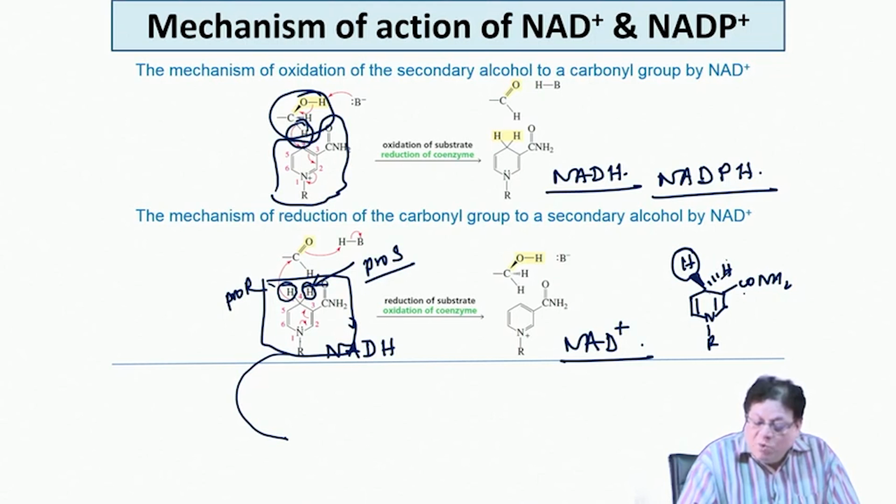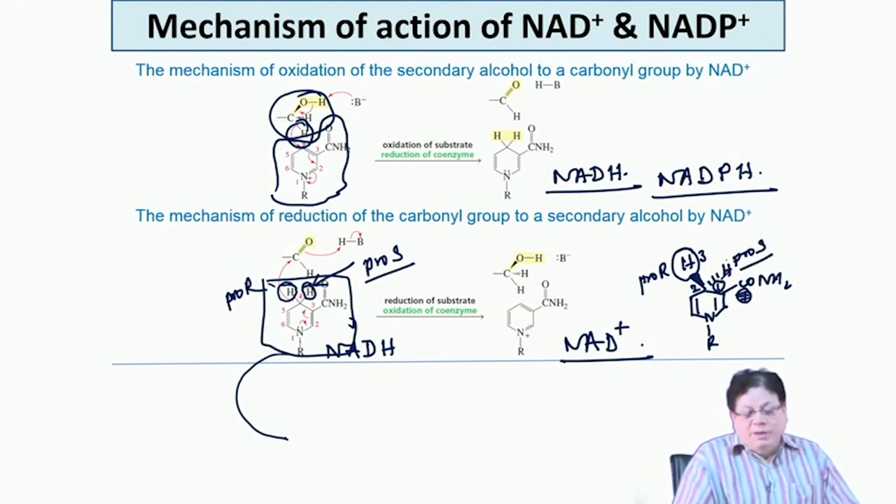So, this will be your 1, sorry, not that one, this will be your 2 and that will be your 3. So, that is 1, 2, 3. This is pro R and that is your pro S. If one is pro R, the other will be pro S.